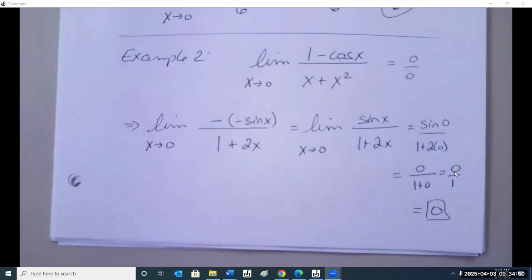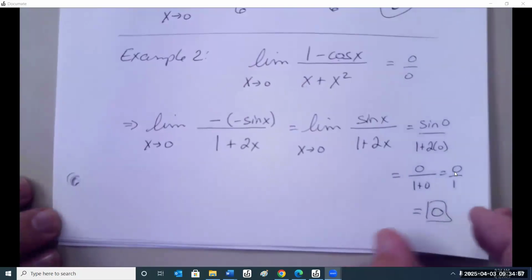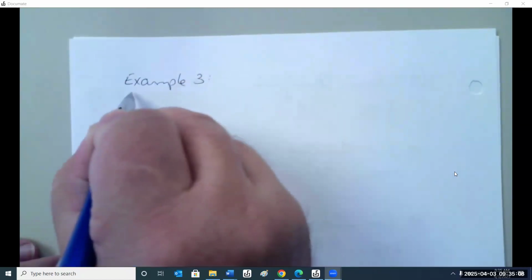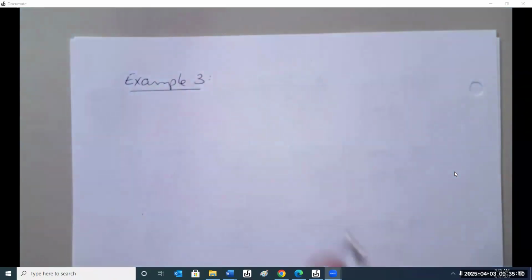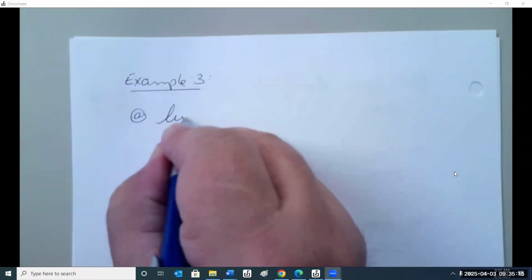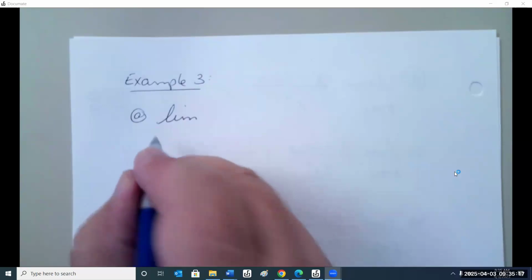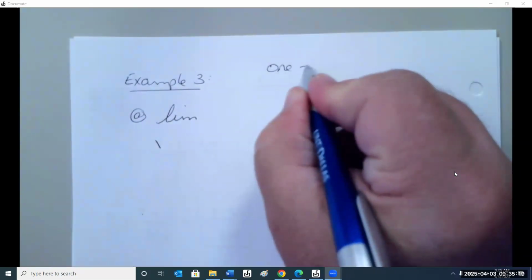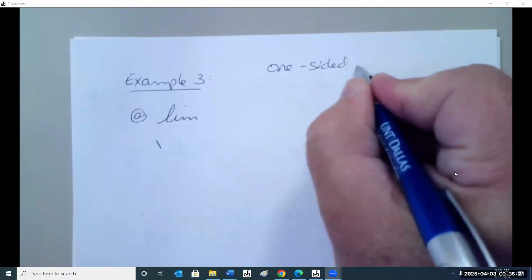Okay, you have to be very careful how to do this. Fortunately, all the derivatives are very small. You have to be very careful. This is one-sided limits.